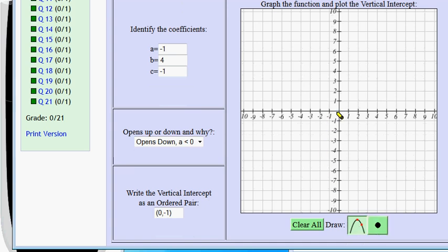Our vertex was 2, y value of 3. I'm going to click and hold the mouse button down. You can see you can graph all kinds of parabolas. Our parabola was supposed to open down, and if I remember right, its vertical intercept was 0, -1. Now you don't have to plot this point, you could plot any other point, but since that's the other point I've found so far, I'm going to choose that one.